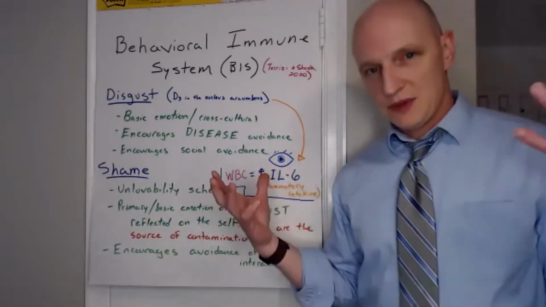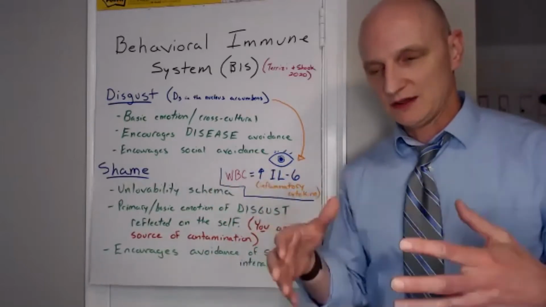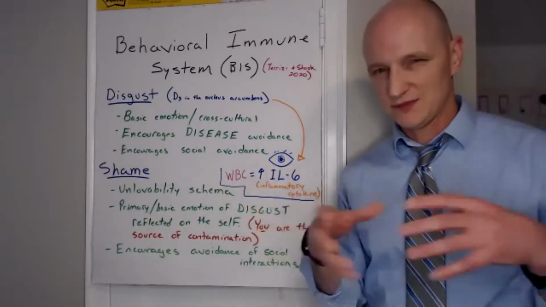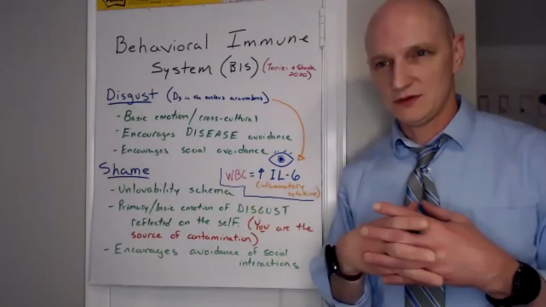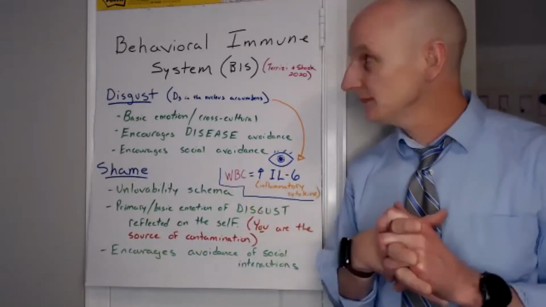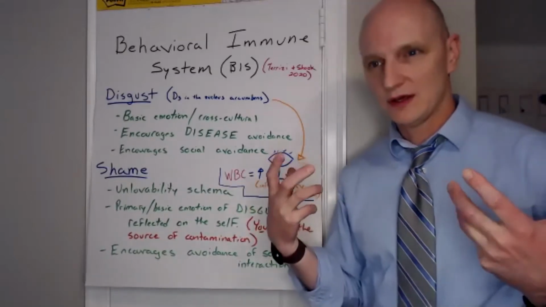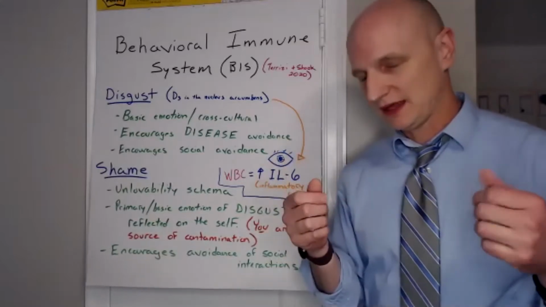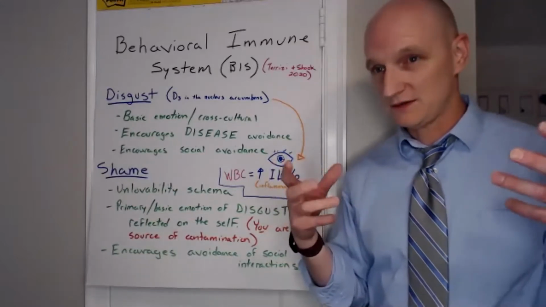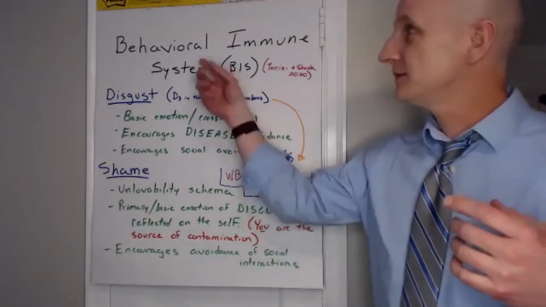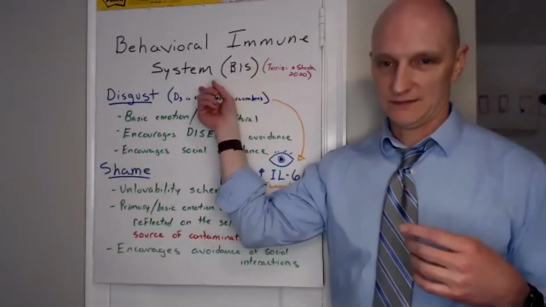With the current pandemic, I've been diving into the immune system, trying to understand it a lot more. I stumbled across a part of the immune system that I honestly had never really heard of before, called the behavioral immune system.